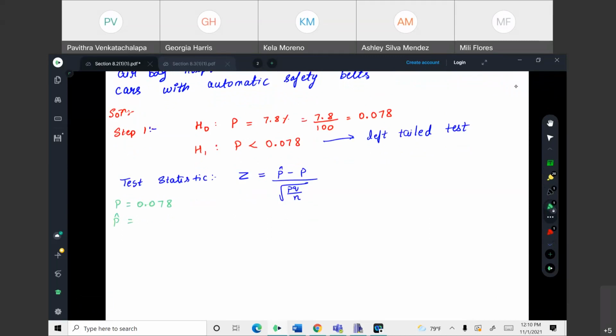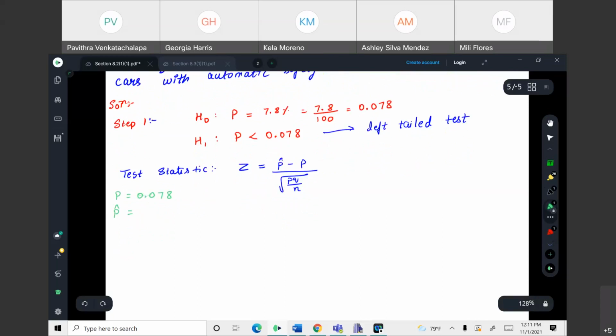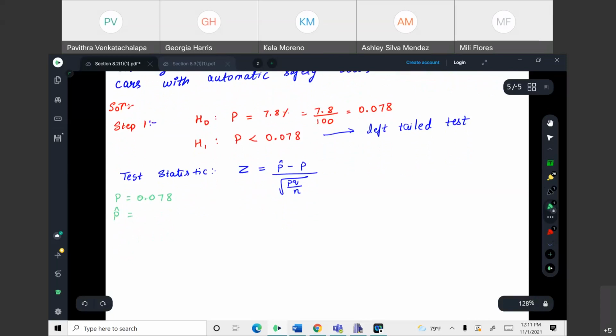Now what would be p cap? Yes, 0.056. Why? Because they have not given the sample proportion directly, rather they gave it as 46. Since we need the probability, it would be the favorable outcomes divided by total number of outcomes.